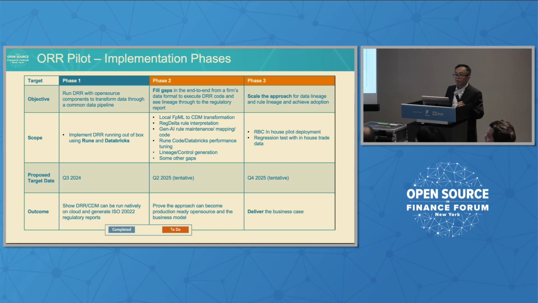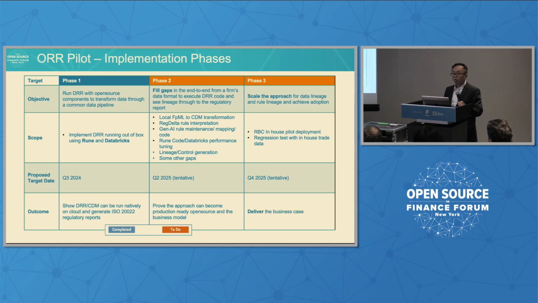And the second, we're going to use RegDelta to do some pre-processing of the regulatory text for this rule generation, and later on run this Gen AI to generate rules and code. And we have to allocate some time, unfortunately, to look at this rule and DRR code to enhance the performance.